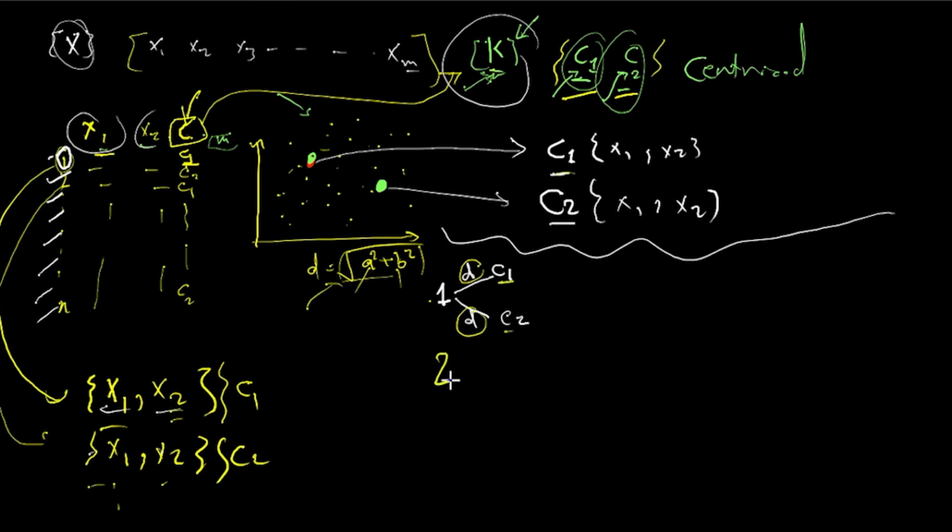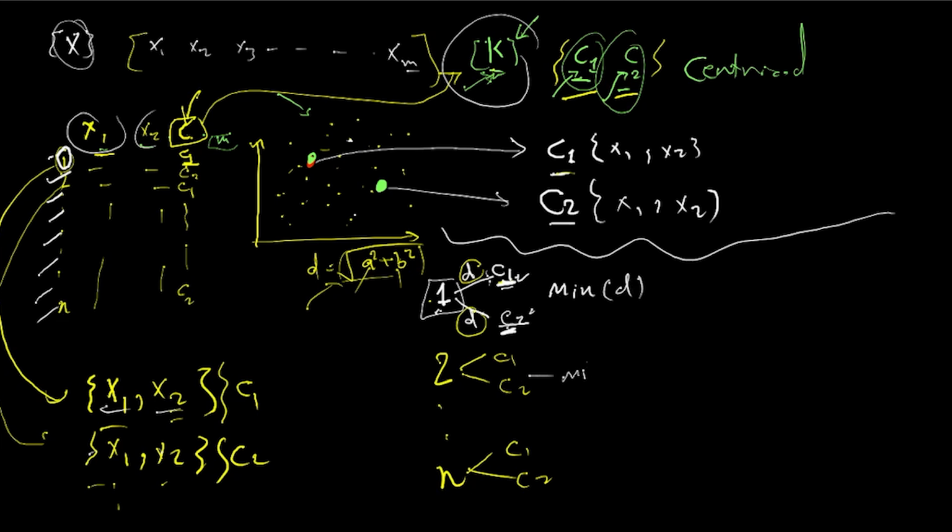The same thing I could do for the second point, and go all the way to n number of points. You can see C1 and C2. What we want is the shortest distance, so I look at both distances to C1 and C2 and choose the minimum, and so on and so forth.